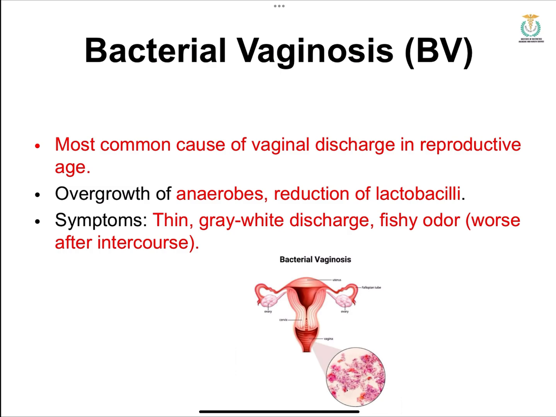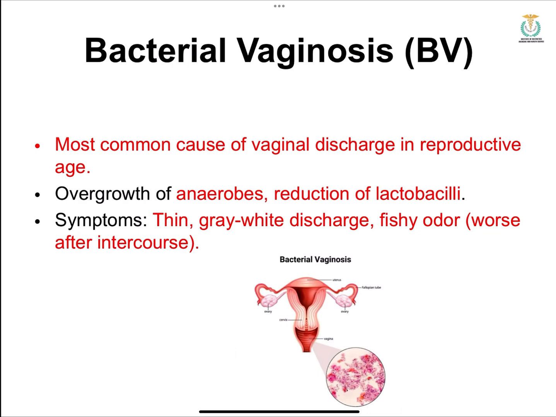First, we'll talk about bacterial vaginosis, or BV. It is the most common cause of vaginal discharge in the reproductive age. Most of the time when people come to the OPD with vaginitis, the most common cause will be bacterial. It is caused by the overgrowth of anaerobes and reduction of lactobacillus. As I've mentioned, the normal environment of the vagina is lactobacillus species, so when there is an overgrowth of anaerobes, there will be a reduction of the lactobacilli.